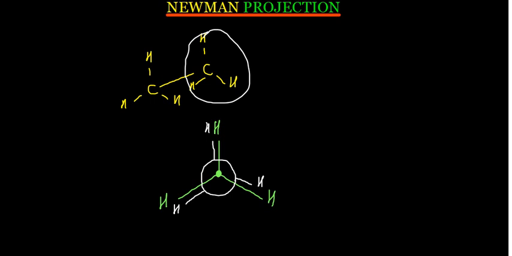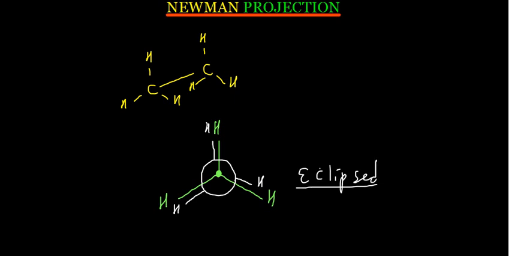Otherwise they are overlapping, we might not even be able to see them on the other side. So a configuration like this one is called an eclipsed configuration, because it's an eclipse. Like you can't see this, they've been covered, just like when the sun is covered by the moon or the other way around.